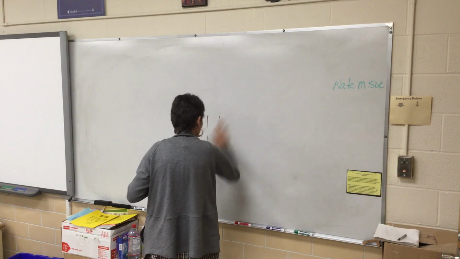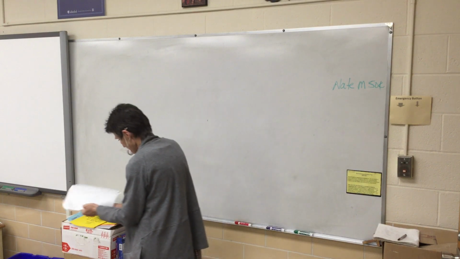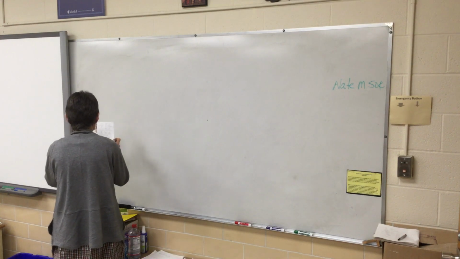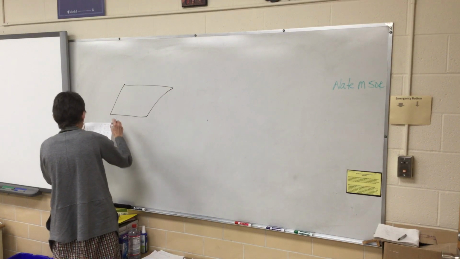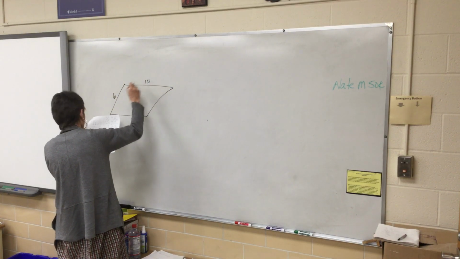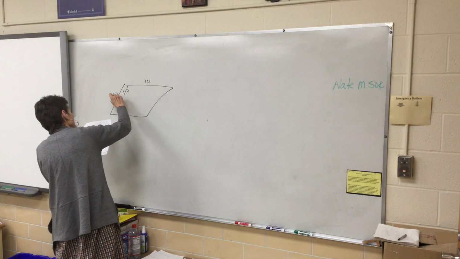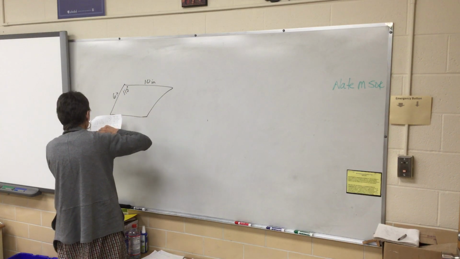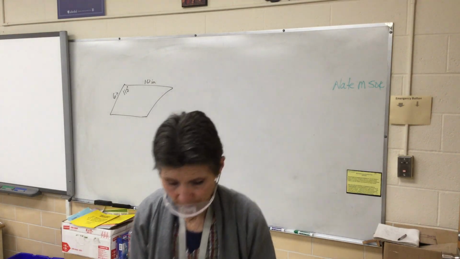Problem number 3 says that we have a parallelogram, and it's 6 and 10 and 110. These are inches. And we want to find the length of the shorter diagonal.